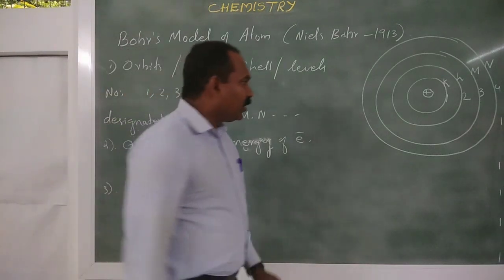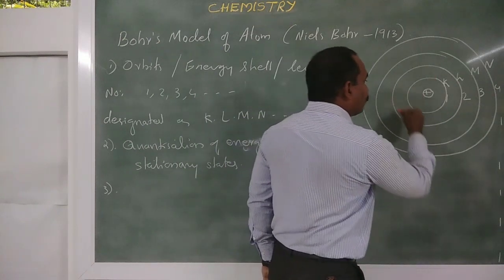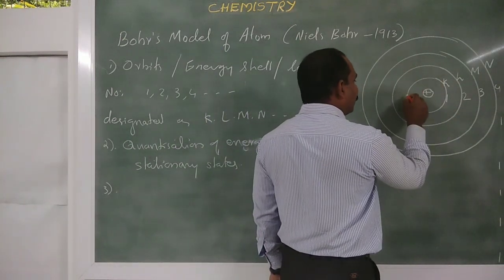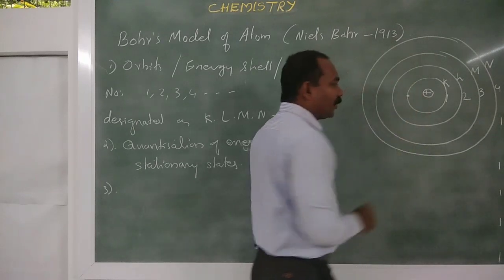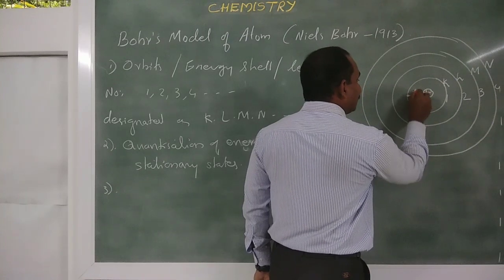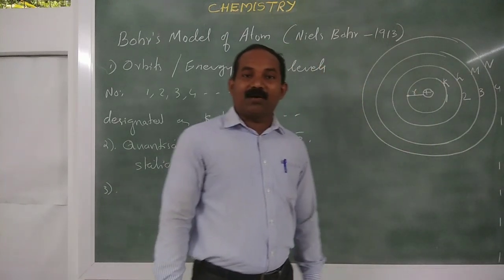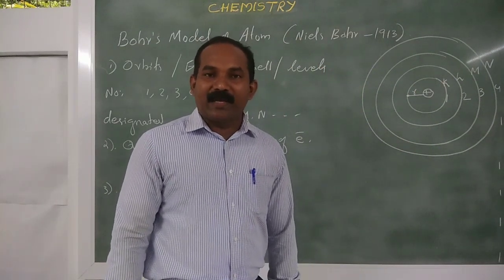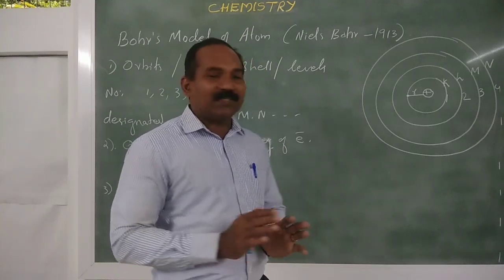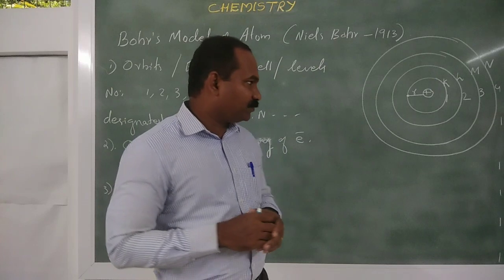The third point is: suppose an electron is revolving around the nucleus. There is a distance between the nucleus and the orbit, taken as r, the radius of the orbit.